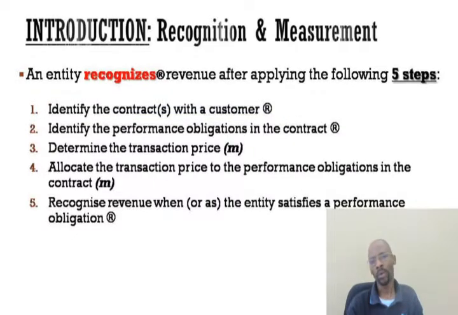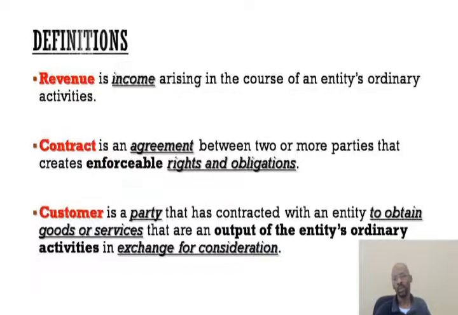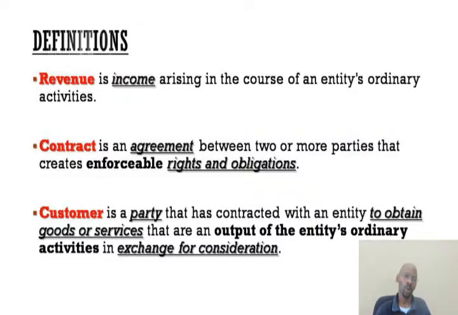We're going to talk about identifying the contract with a customer. The step number 1. The definitions which are important at this stage are revenue. Revenue is income arising in the course of an entity's ordinary activities. When we define revenue, we need to underline income.